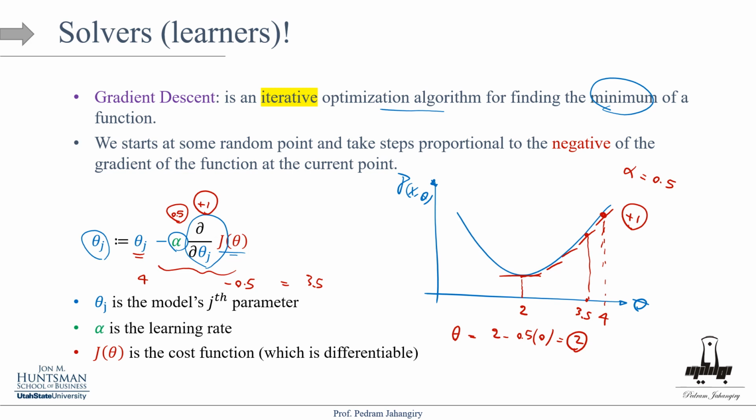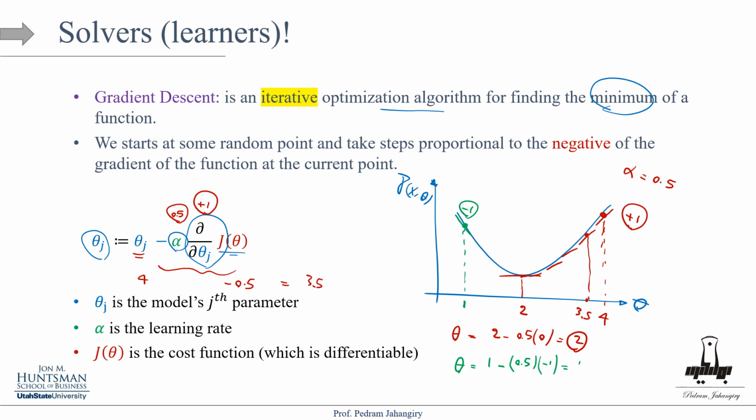The same story happens if I start from this random point. Again, the slope is going to be now, let's say, minus 1. And let's say, again, just for the sake of argument, imagine this is point, I don't know, 1 or 0.5, whatever. And then I say, okay, the new theta is going to be 1 minus the learning rate, 0.5, multiply the gradient, which is minus 1.